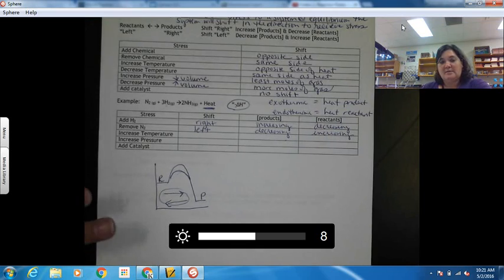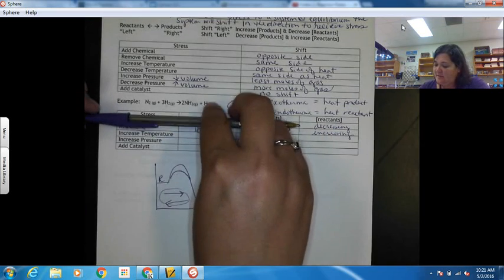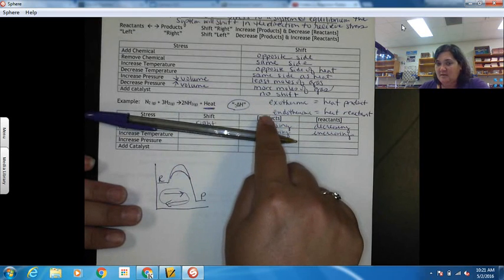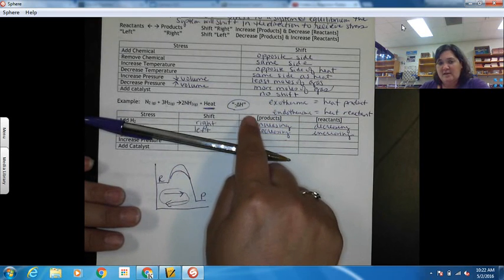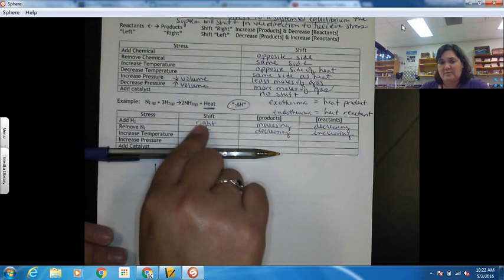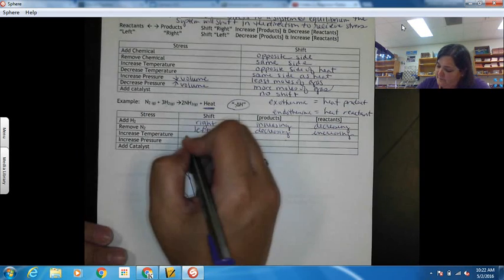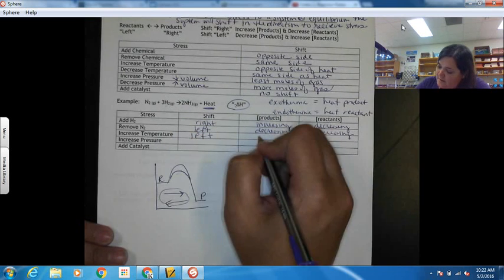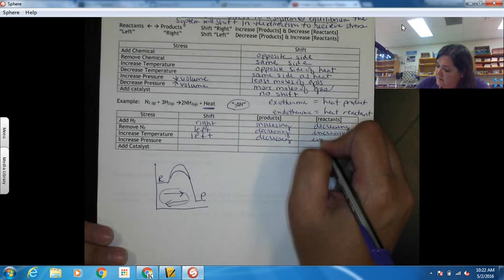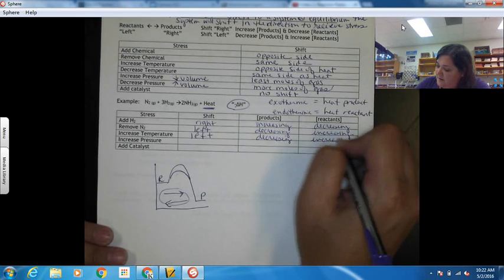So again, same thing with the seesaw. If you increase the heat, we're increasing the side that heat is on, so that's getting heavier. So it has to shift this way in order to get back to equilibrium. So again, we're going to shift to the left, and that's going to decrease our products and increase our reactants.